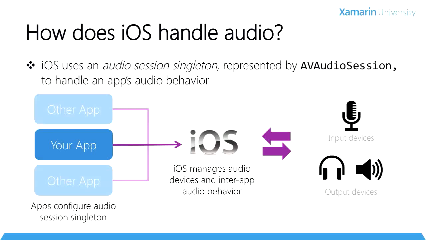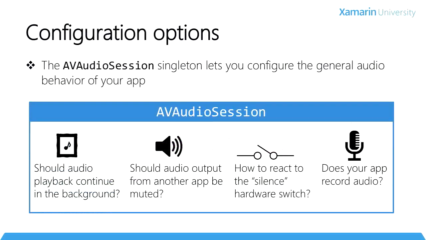To configure our audio behavior, we're going to set properties on an audio session object that is available through a singleton. That session object is of type AVAudioSession, and this allows us to define the global behavior of our application as far as audio and video is concerned.